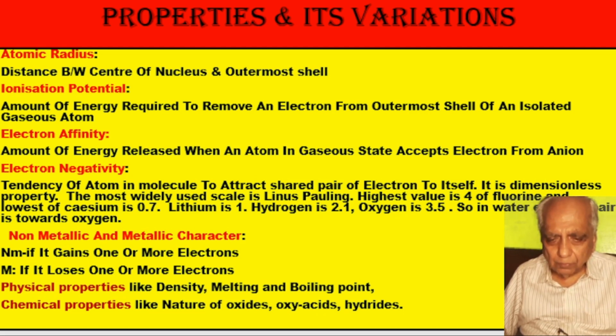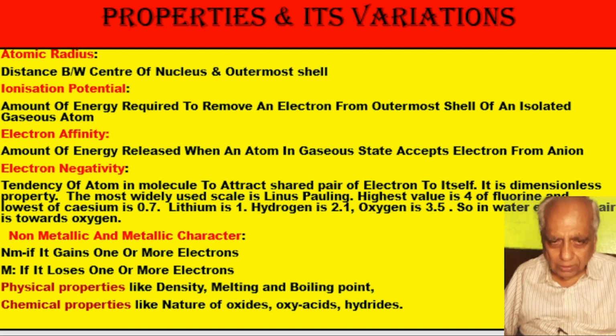Then from group 13 to 17 we have 3, 4, 5, 6, 7 electrons in the outermost orbit. The last one is the halogen family. After that we have group 0 or group 18, which has noble gases. This is in brief about the periodic table.